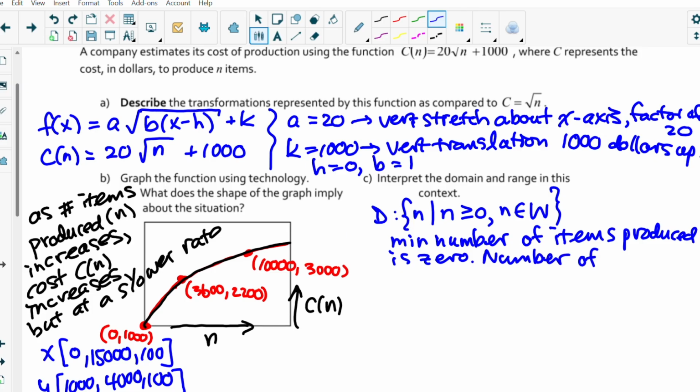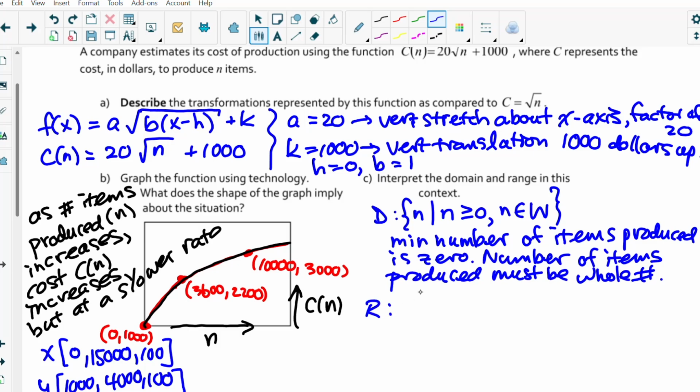Number of items produced must be a whole number. And that's obvious, right? No fractional numbers, no decimal numbers.